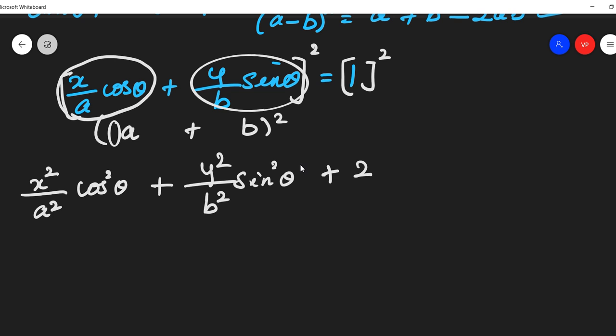What is our a? x by a, and y by b, cos theta sin theta, equal to 1. So this is the first equation, students, okay.